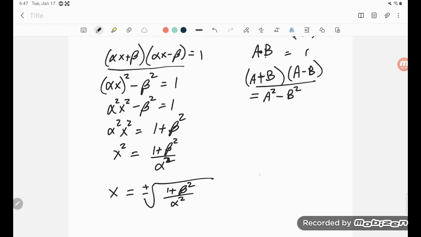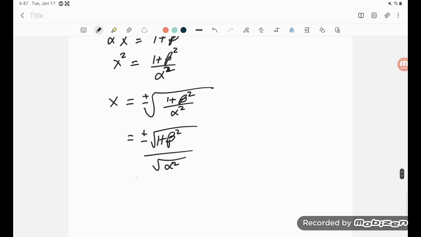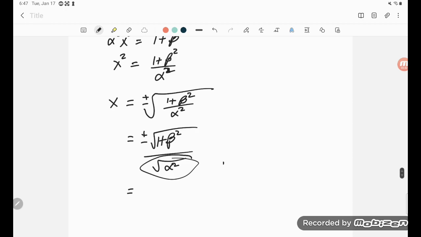However, if you were to take it a little further and you had plus or minus the square root of 1 plus beta squared over the square root of alpha squared, now it kind of gets into a funny area here, because if I simplify that, technically I should simplify it to the absolute value of alpha.